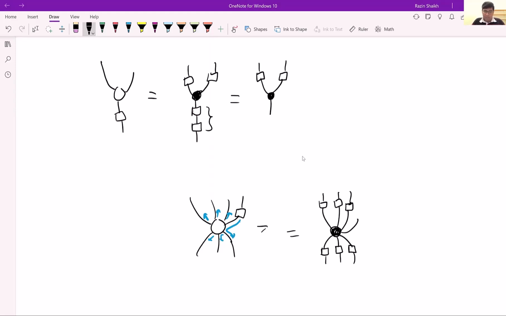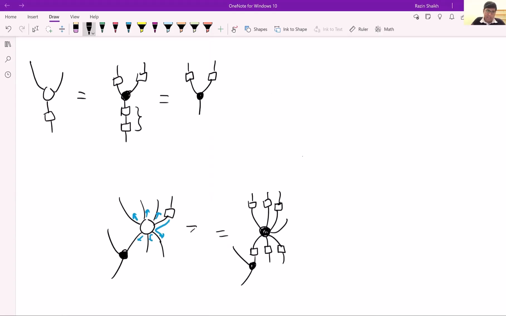And if I had more spiders here, let's say I had an X spider that was connected like this, I can keep pushing this. I can now push, let's say, this color change box over here and here.